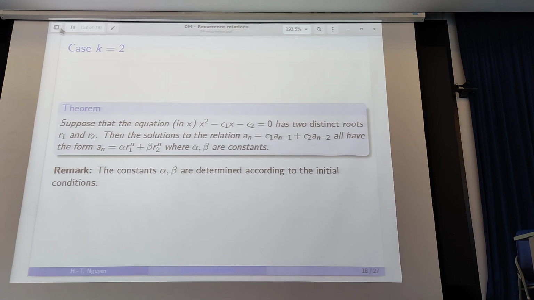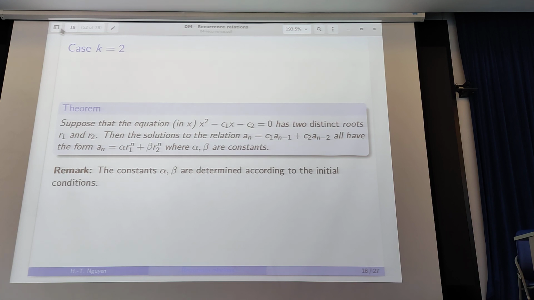Okay? So if we use this formula, then this will become, if we group all the terms corresponding to R1 together and all the terms corresponding to R2 together, then you have alpha R1 to the power n minus C1 R1 n minus 1 minus C2 R1 n minus 2. And similarly for beta, you have the same, but with R2. Okay?